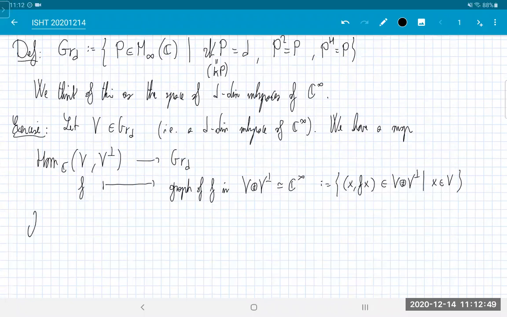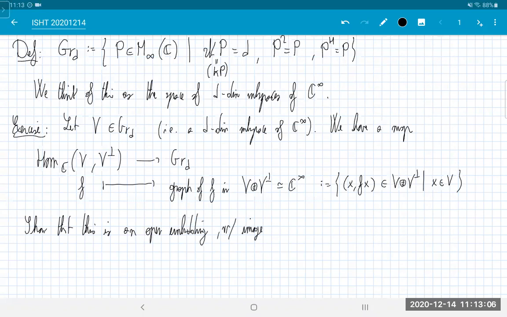And the claim is: show that this is an open embedding with image those W in Gr_d such that the orthogonal projection from W to V is surjective.